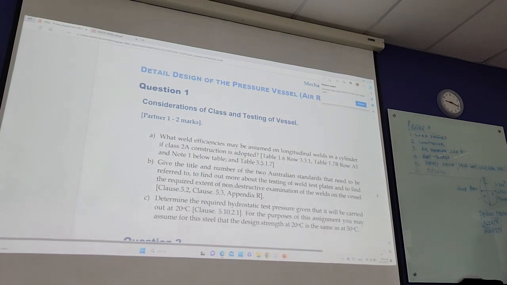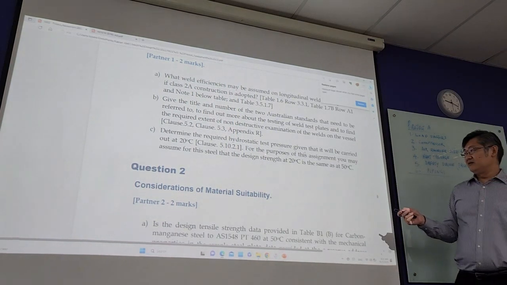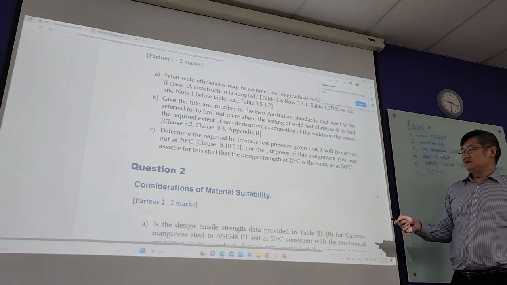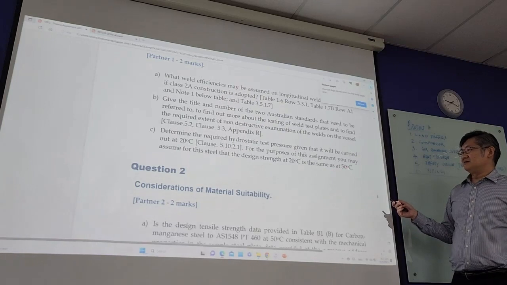Now come to part C: determine the required hydrostatic test pressure, given that it will be carried out at 20 degrees Celsius. For the purposes of this assignment, you may assume for this steel that the design strength at 20 degrees Celsius is the same as at 50 degrees Celsius.